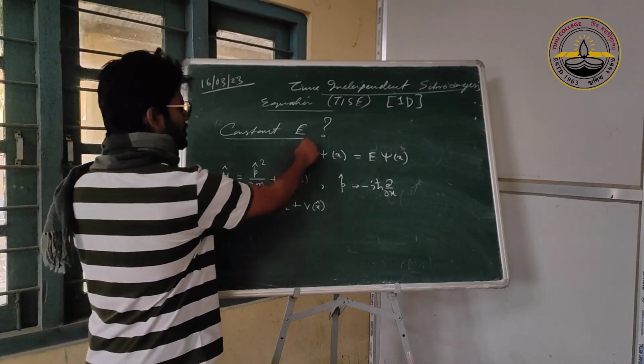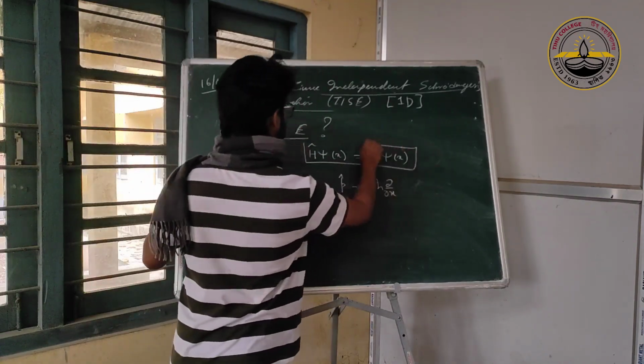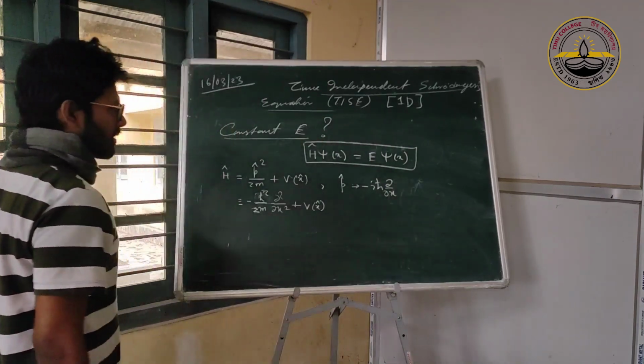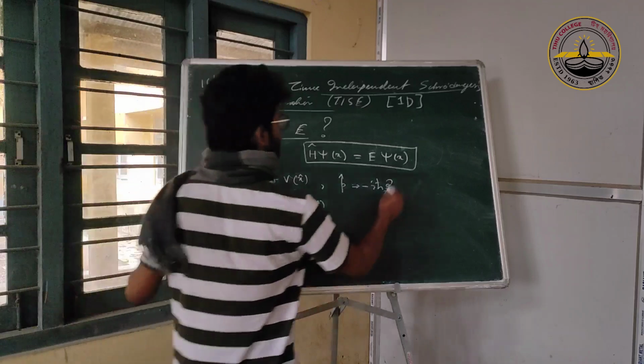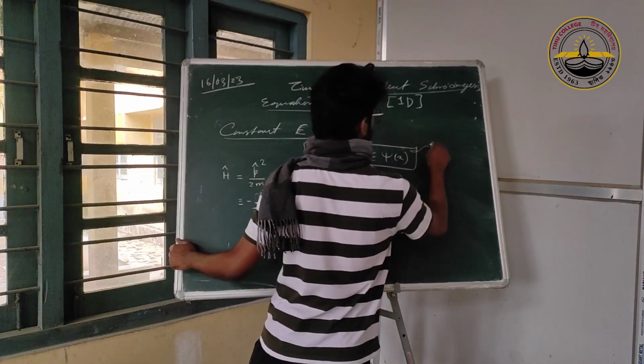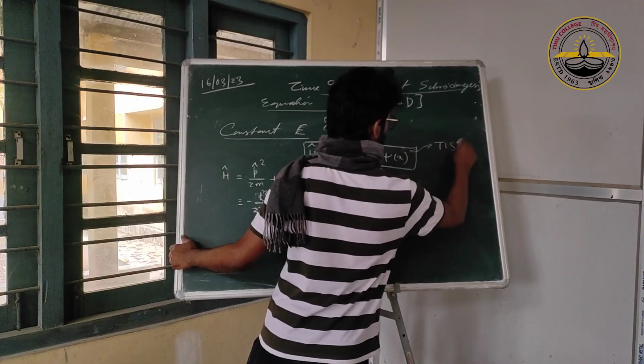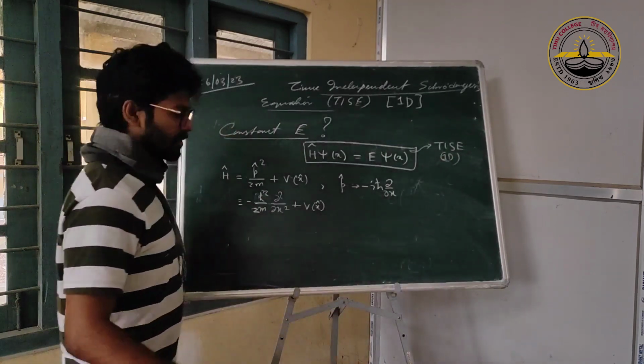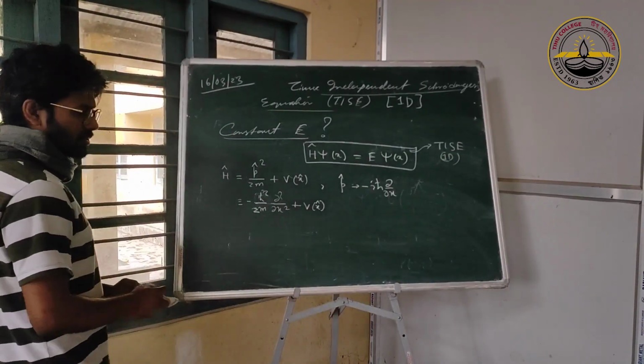So H psi is equal to E psi. The eigenvalue equation, remember? Okay, this is our time-independent Schrodinger's equation in 1D. Okay, so we need this.